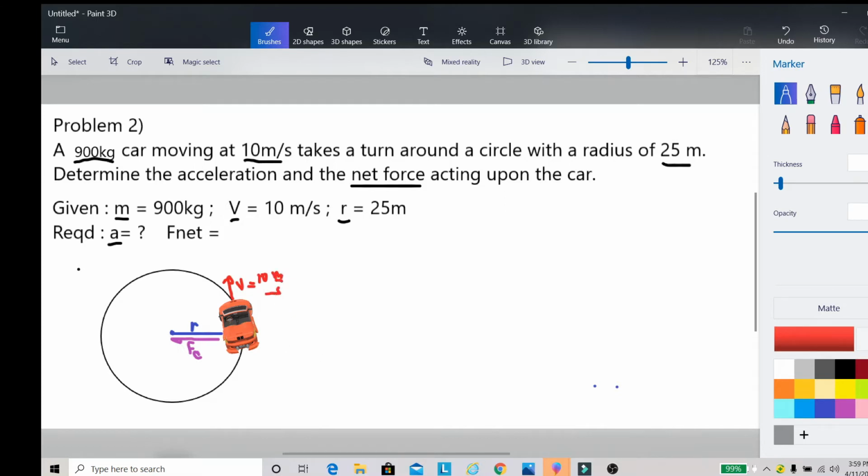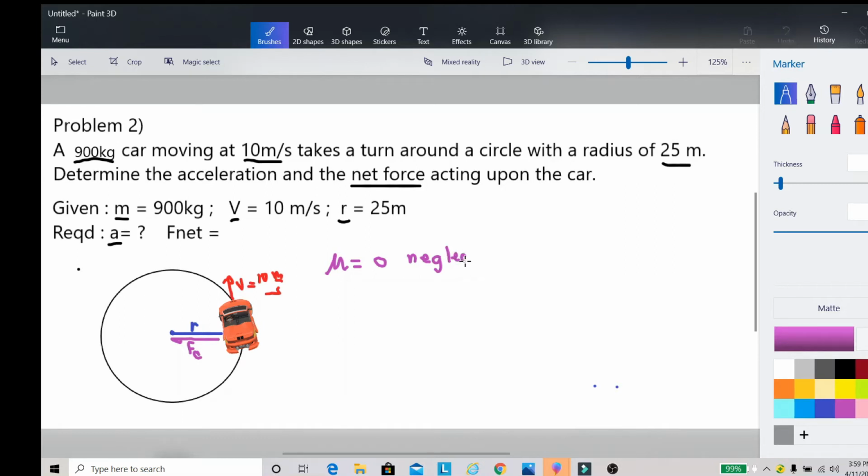Now, tandaan natin ang hinihingi sa atin yung net force. Okay. Yung net force na to, wala tayong ibang given. So there is no mu that is given. There is no mu. Therefore, we are going to neglect friction. Ano? Neglect friction.